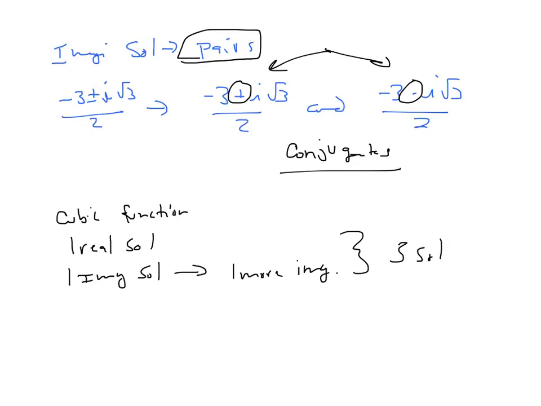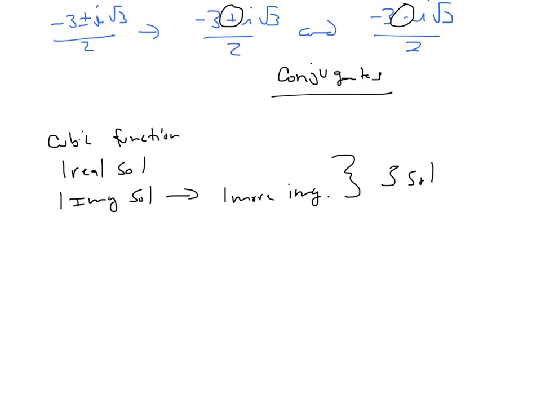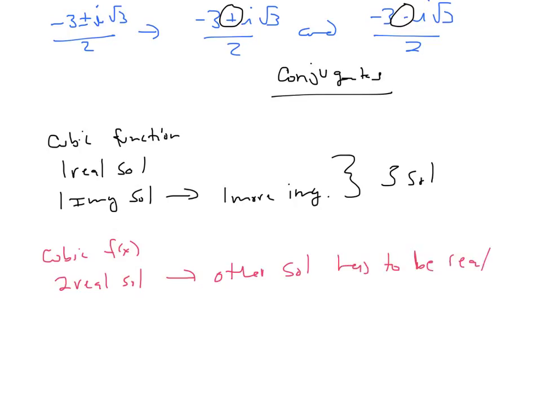Another example: if I have a cubic function with two real solutions, my other solution has to be real. The reason is, if it was imaginary, I'd have to have two of them, and a cubic function only has three solutions.